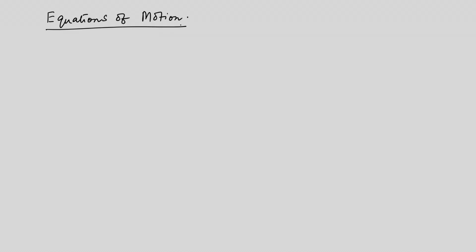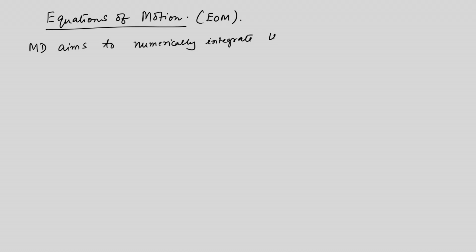So, we need to generate trajectories for a given system of particles, and in short this is called the EOM. So, the MD aims to numerically integrate the equation of motion of N interacting particles.